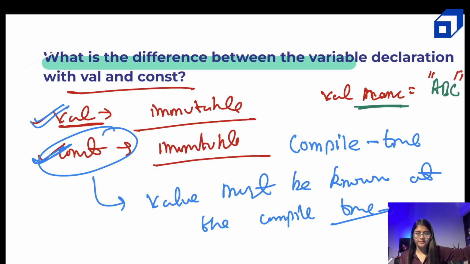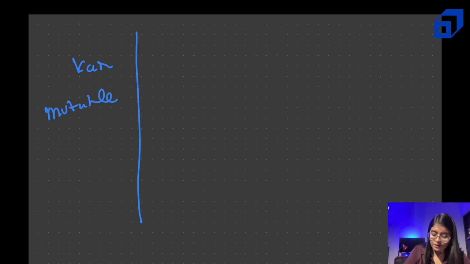Mutable is var. If we declare something using var, its value can be changed. Let me summarize it all here. Var is completely different, right? It is mutable. If you declare something using var, it can be changed. Val and const are immutable; the value cannot be changed.